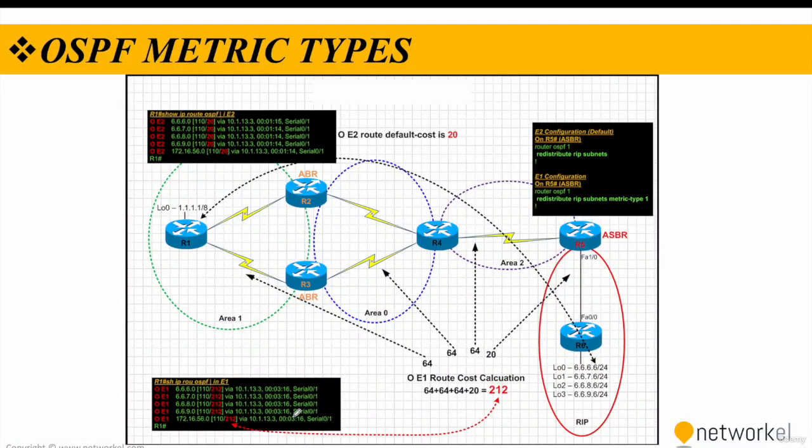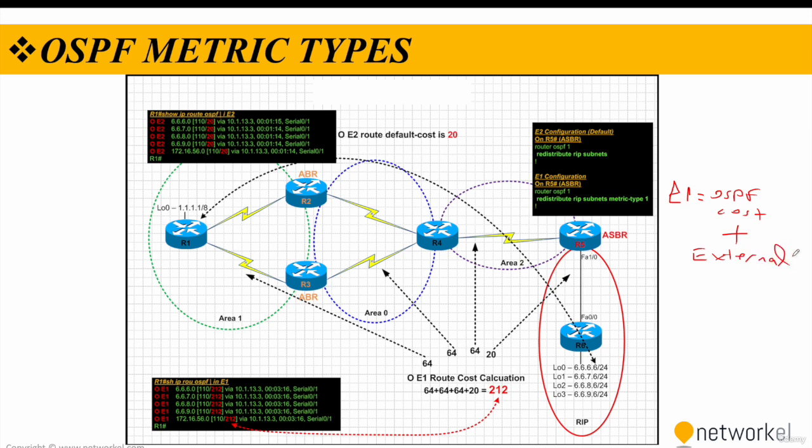In OSPF, the metric types for external routes are classified as type E1 and E2, and they affect how external routes are treated and evaluated within the OSPF domain. E1 is the type 1 external metric, calculated by adding the OSPF internal cost to the external metric. So let me note here: E1 is the internal OSPF cost plus the external metric.